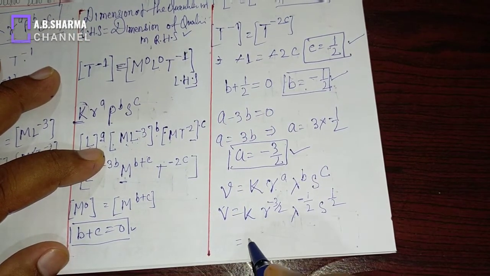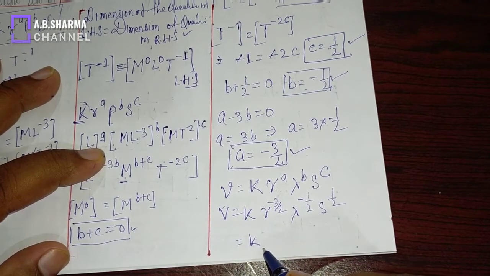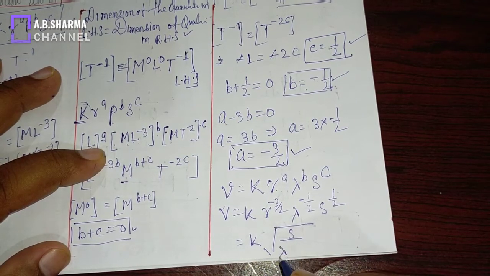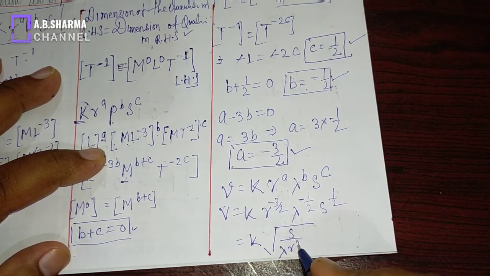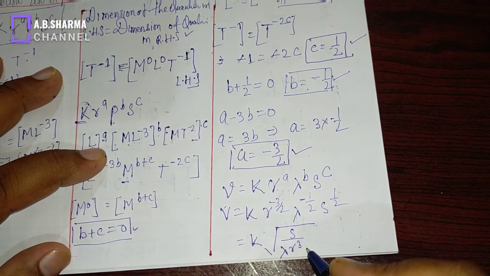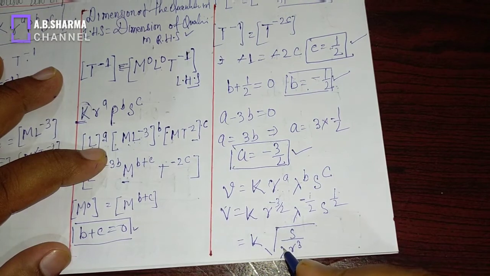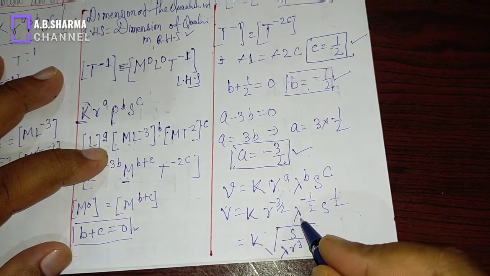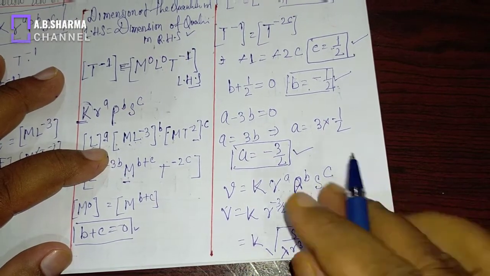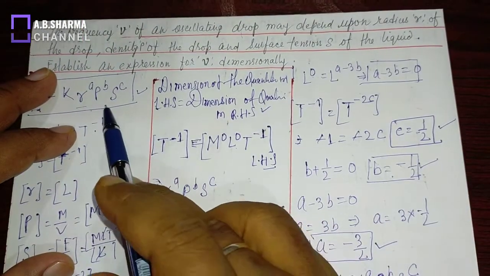So the formula will be k under root S over, this is not lambda, this is rho here, rho r cubed.